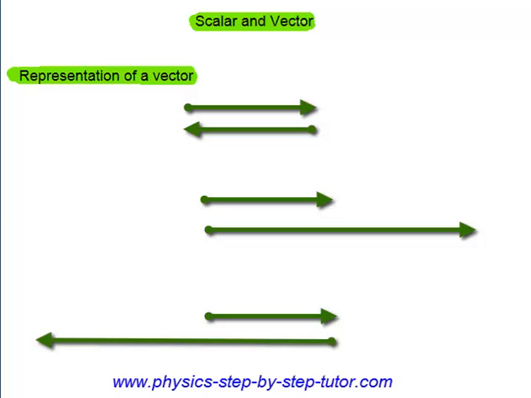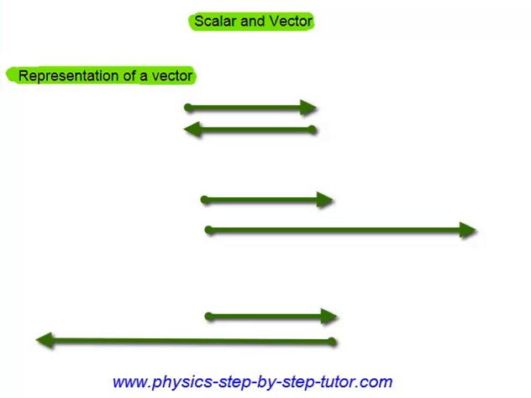Those are three ways in which a vector is different from another. So let's remember, a vector is represented with a line segment whose length is proportional to the magnitude of the vector, and the arrowhead shows the direction of the vector.